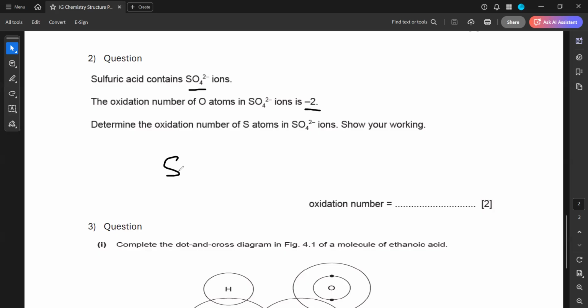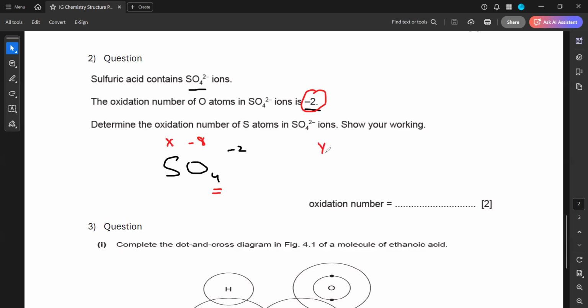So we have this SO4, okay, with a net charge of -2. In the question, they specify that oxygen is -2. So if one oxygen is -2, how many oxygen atoms are there? 4 oxygen atoms. So 4 of them, what will be the total charge? It will be -8. And for sulfur, we don't know its oxidation number, so we call that X.